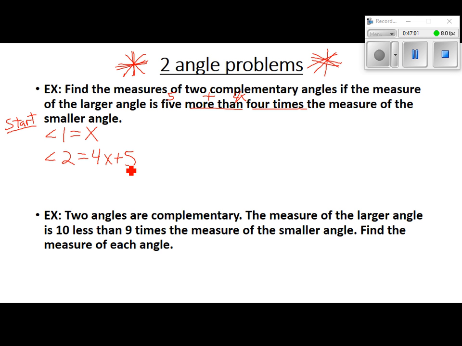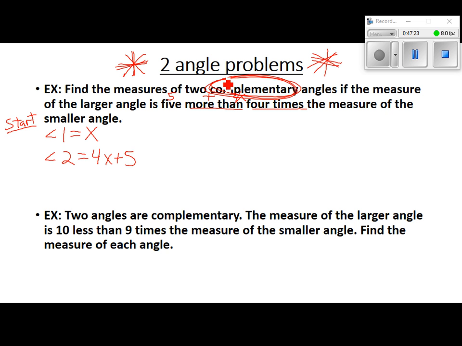Again, on a test, if you get that set up, that's a point. Now, are we just going to stop there? No. We're going to set up an equation, right? What do we know about these two angles? They add up to 90. So what am I going to set up over here?